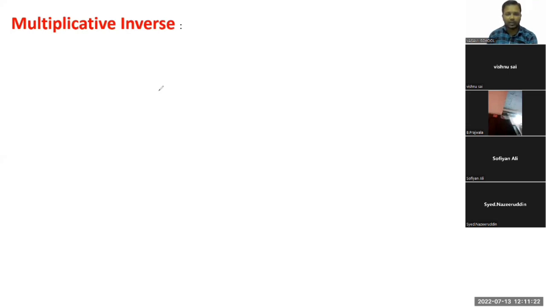If you multiply a rational number by which number, will we get the result 1? If you know the answer, can you please type that in the chat box? Suppose I take an example of 2 by 3, which is a rational number. By multiplying 2 by 3 with which number will we get the result 1?